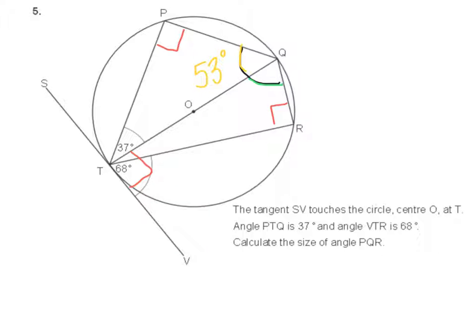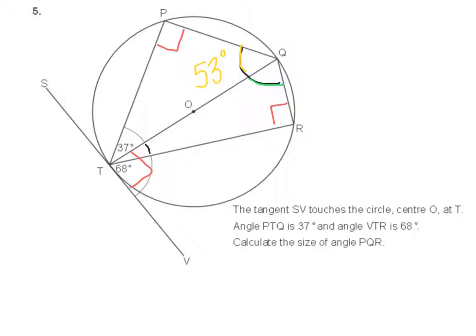So what we want to find next is the green one. Again, it's part of this triangle here at this side. We want to find the green angle. We know that this angle is 90, but the problem is we don't know the size of this one here. So I'll mark it in. That's the one we're trying to find.